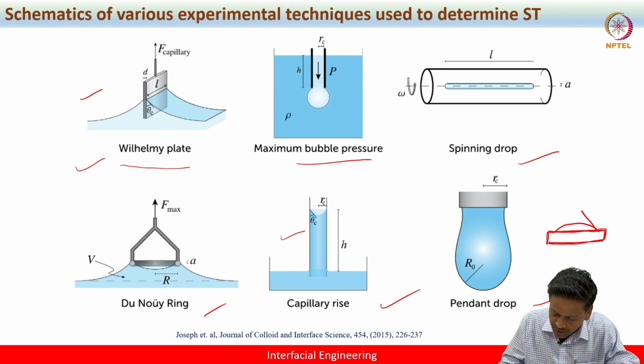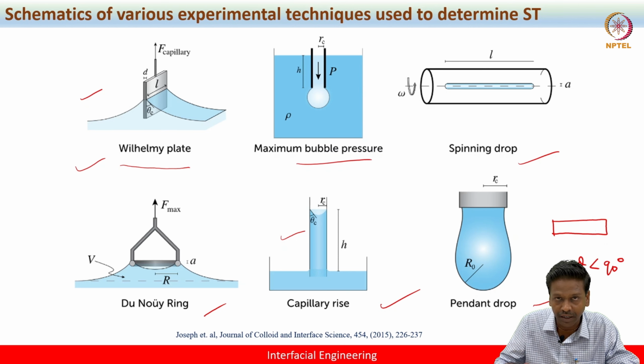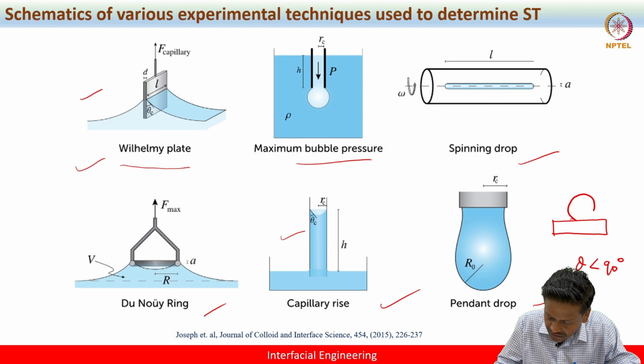In such a case, you would expect theta to be less than 90 degrees. On the other hand, the drop may not spread. It may want to detach from the surface. In such a case, it will establish theta, which may be greater than 90 degrees, something like this.